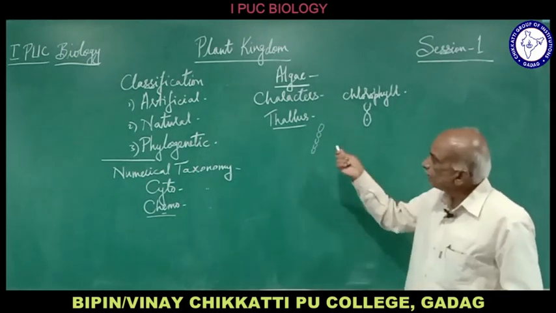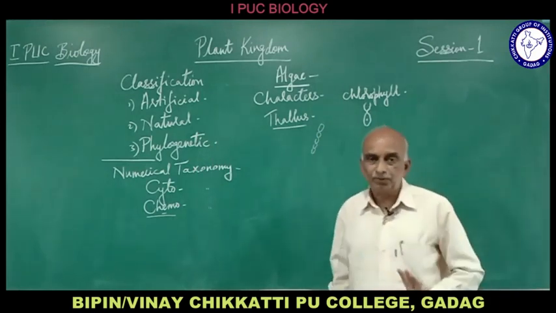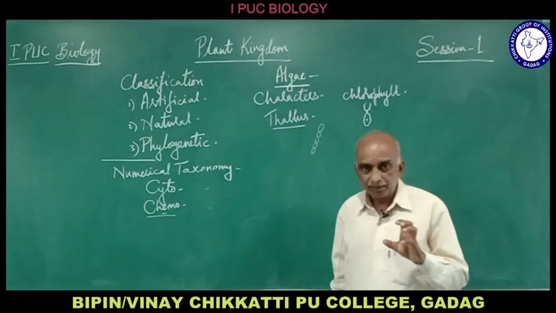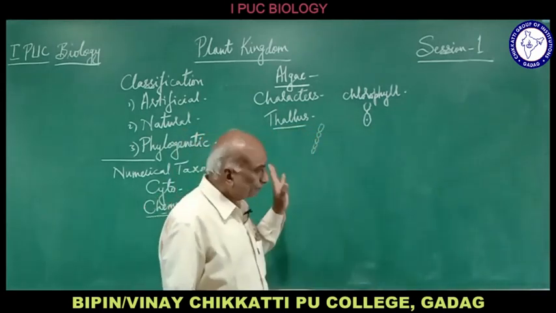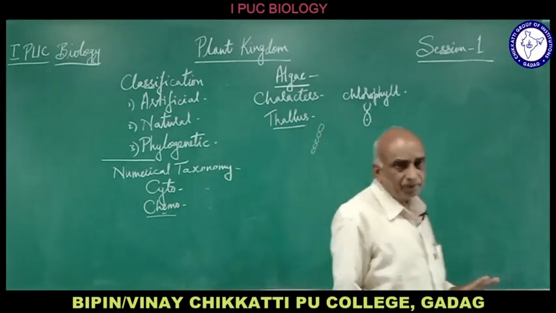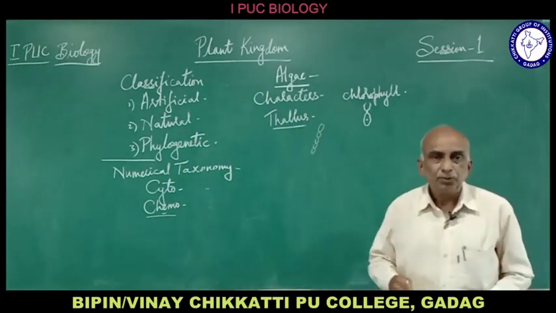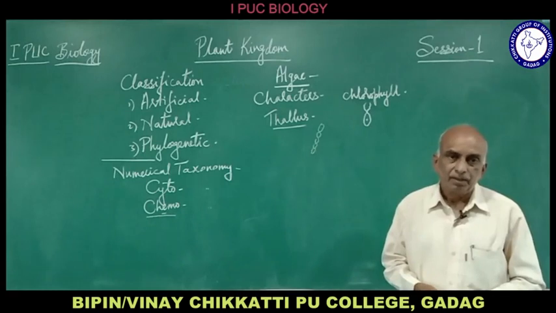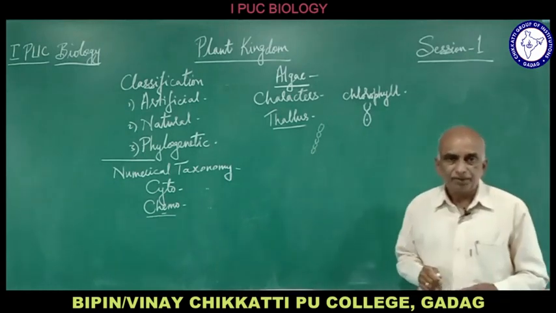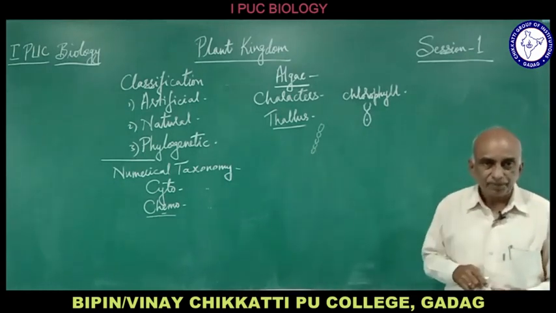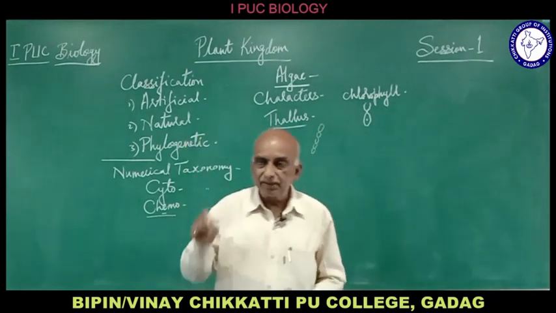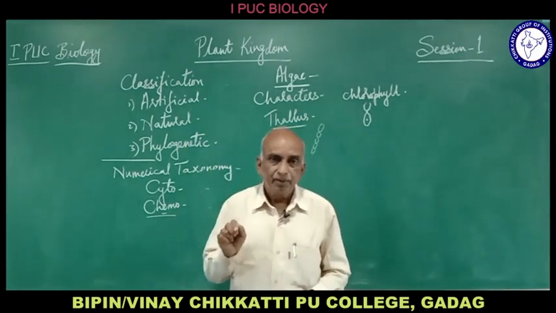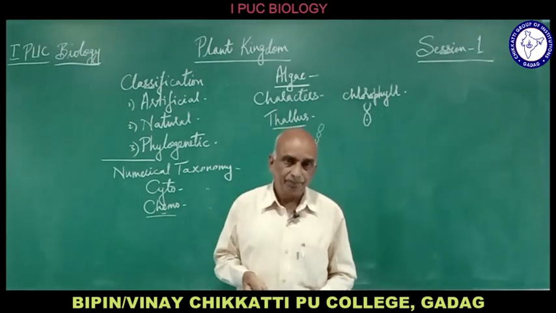So here, in case of massive forms, in case of multicellular forms, what happens? The algae grow to a very large height, and such algae appear like a plant. Such algae contain stem like structure and also leaf like structure.